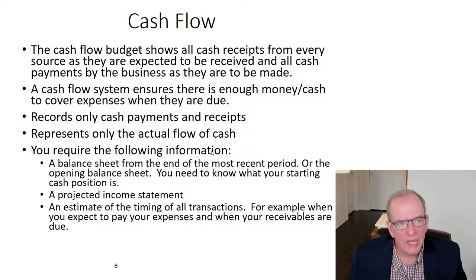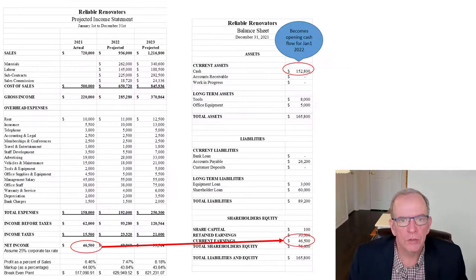Now, the cash flow statement is the measurement of all the money that is coming in and the money that is going out, and it's looking at what the difference is. It's also looking at how much cash did we have at a certain point in time. So if we look at this balance sheet over here, there's another connection. This is showing that we have cash on December 31st in the bank of $152,800.